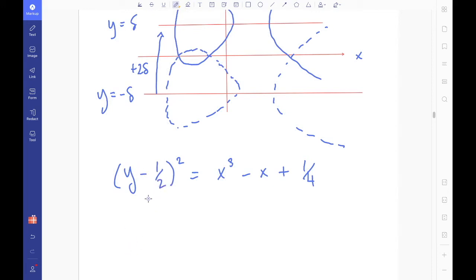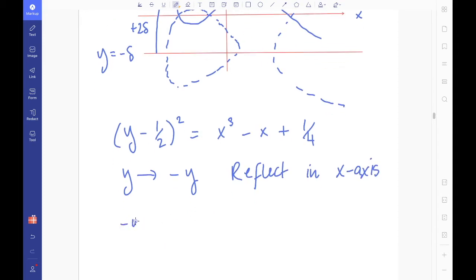Right, so let's have a look. What can we do? To reflect it in the x-axis is equivalent to changing y to negative y. So the transformation of y to minus y is reflection in the x-axis. That will give me this curve, which rightly has a different form.